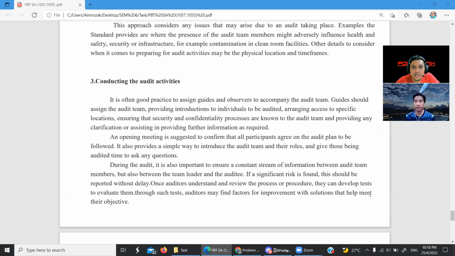An opening meeting is suggested to confirm that all participants agree on the audit plan to be followed.